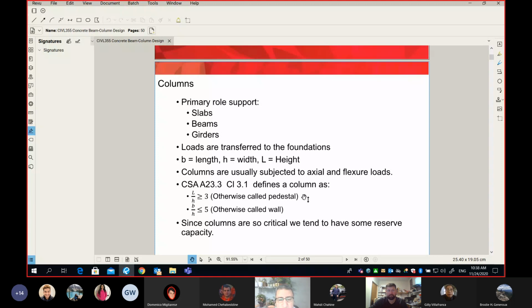How about columns? Columns are usually subjected to axial compression force in general, plus bending moment or flexure loads. Typically, in 99% of cases, the column will have minimum to 0 shear, and I will discuss with you later on why they have 0 shear. Why do they have 0 shear?